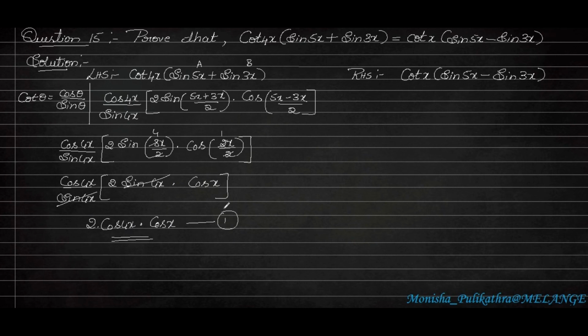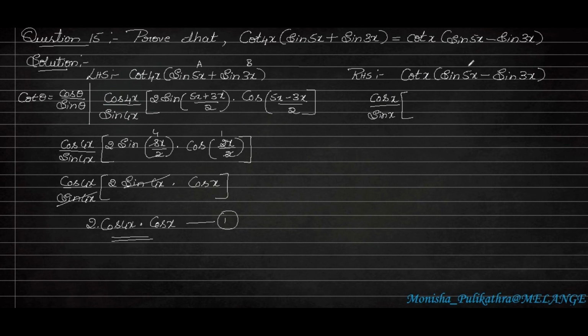Okay, in the same way we have to calculate the RHS also. So RHS is cot x into sin 5x minus sin 3x. Here cot x I will be writing in the form of cos theta by sin theta. Since in the place of theta they have given x here, we have to write cos x by sin x.